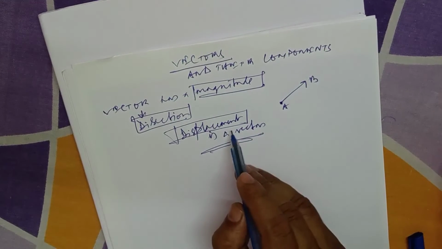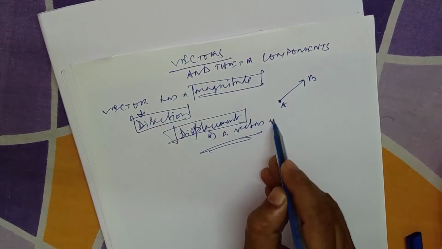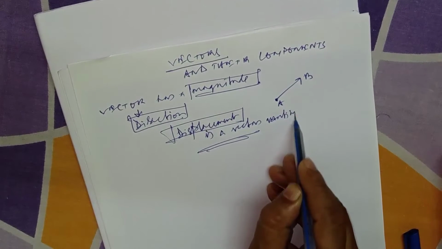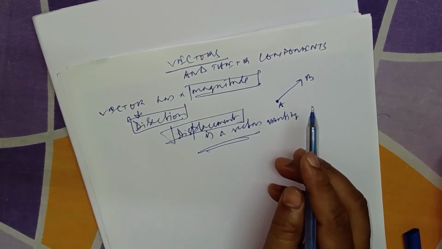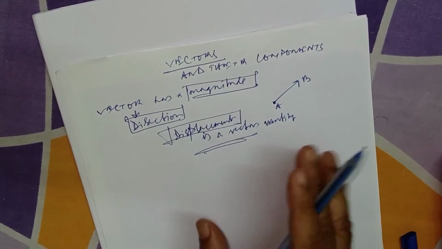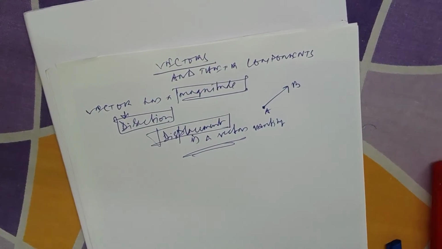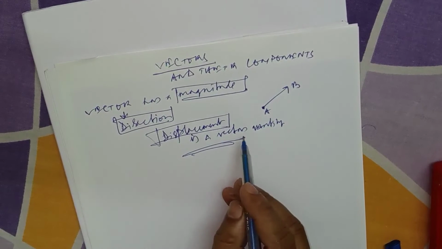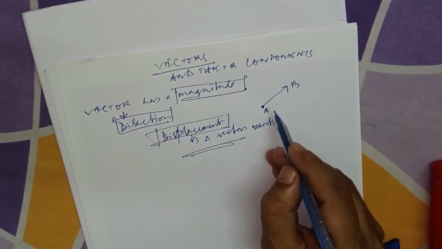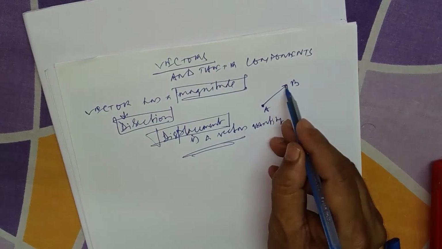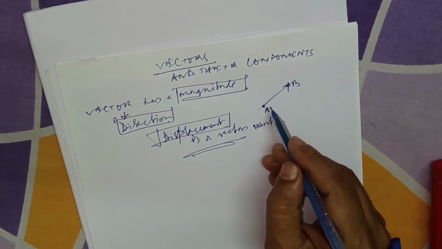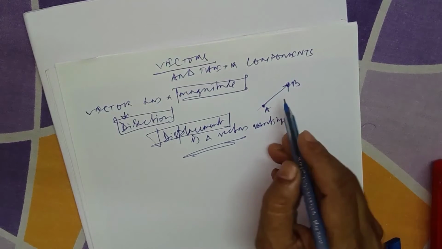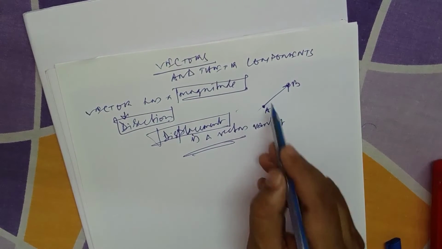So these are the theories, most of the terms we have known in class 9 or 10. So this is a vector from point A to point B, the displacement. It's a vector because it has a direction as well as a magnitude. This magnitude is the displacement magnitude.